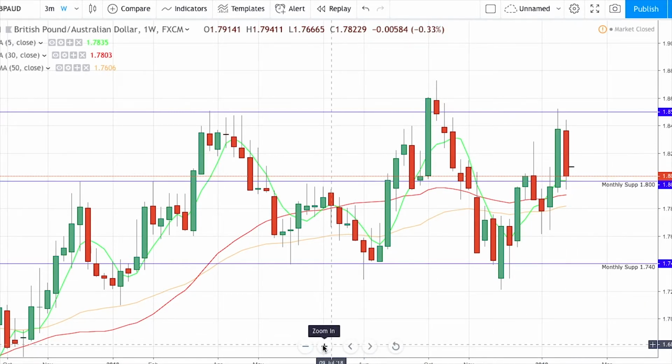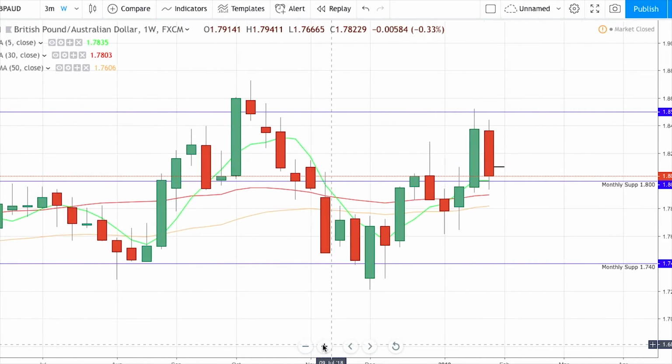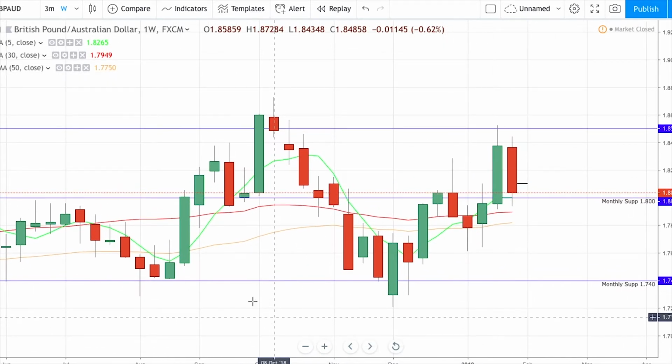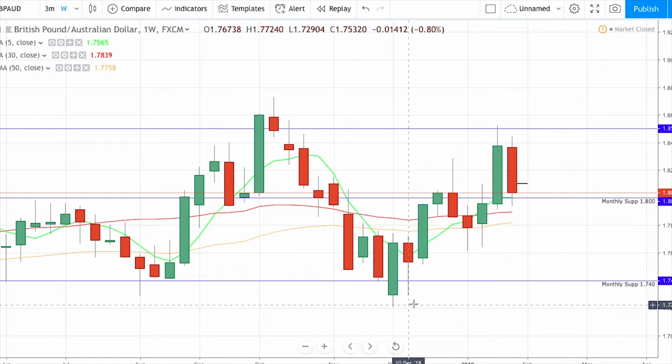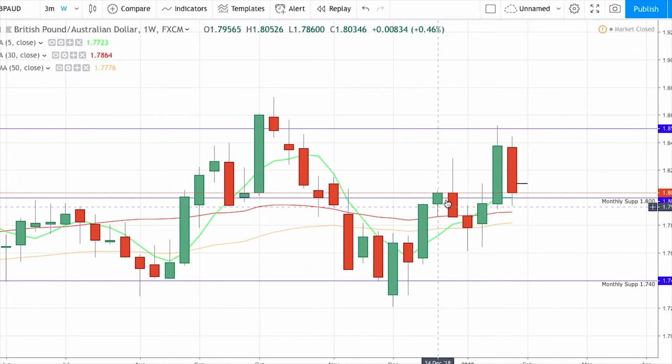If we were just to zoom in a little bit closer as well, we can see bullish trend structure forming. We can see this low here, then came up into a high into 1.8. A higher low formed, especially on the 50 EMA, which is not something I really look at on the weekly time frame. I use this EMA across the hourly time frame, but it can also act as areas of interest on the higher time frames.